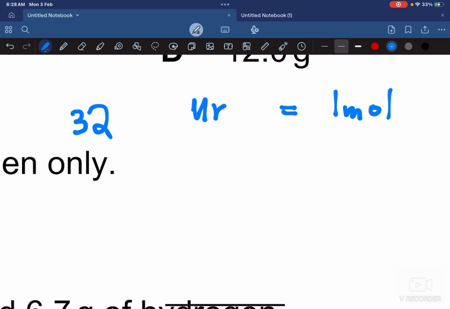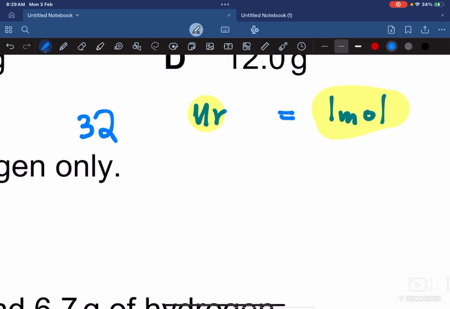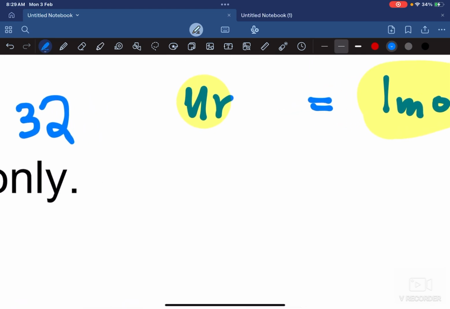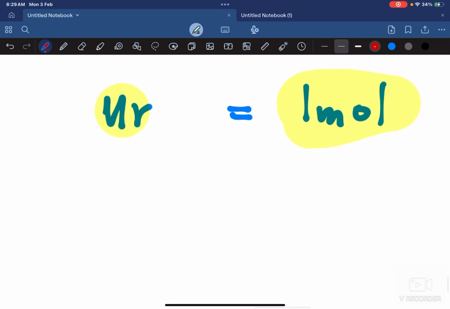The MR of sulfur, you can check it from the periodic table. Whenever you feel confused, please don't rush, go check the periodic table. The MR of sulfur is 32.